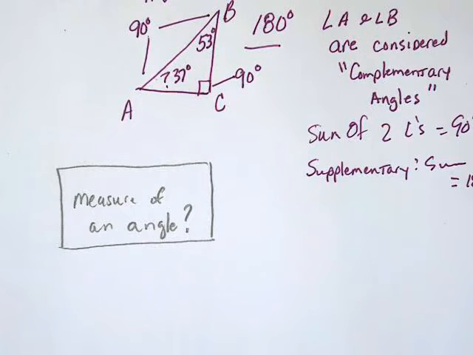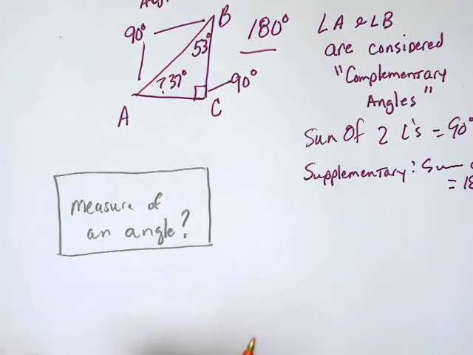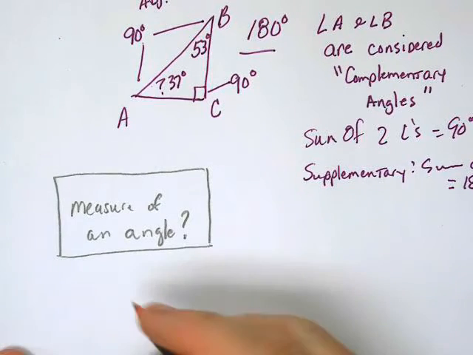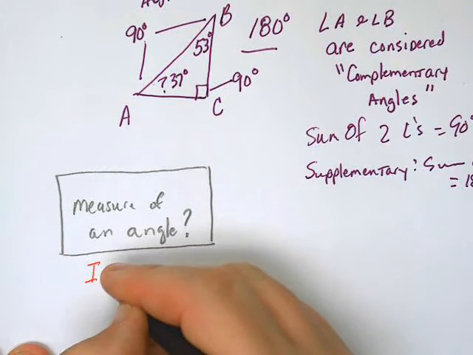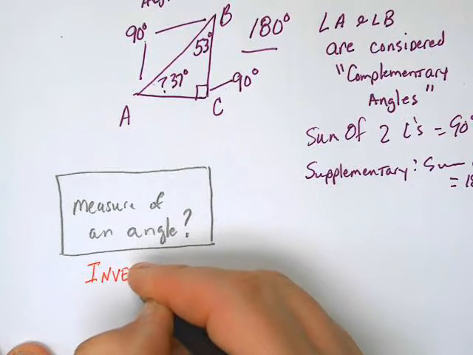Well, tangent gives us the opposite over adjacent, but when we're trying to find the measure of an angle, there's a specific button that we have to use every time. Yeah, it's a second function, but it's got a certain name to it. Anybody remember? It is called the inverse.